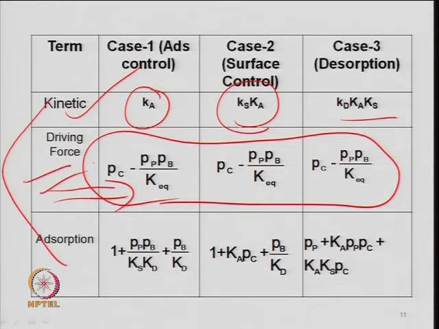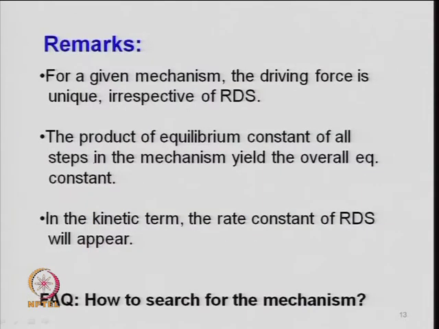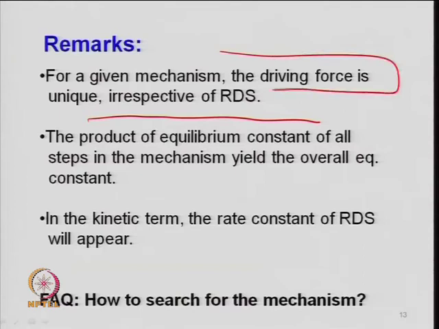The driving force is unique for a given reaction, and that, as I said, is governed by thermodynamics. So, thermodynamics plays a very important role in whether a reaction is possible or not. This is irrespective of the RDS; your driving force does not change. The second is that the product of the equilibrium constants of all steps in the mechanism yields the overall equilibrium constant.